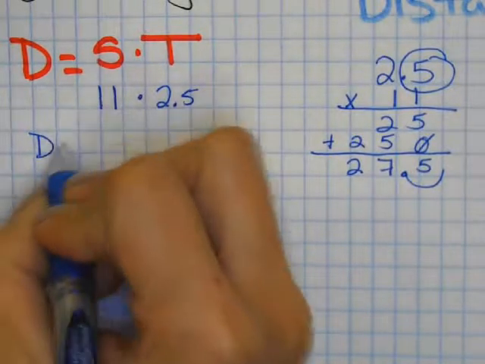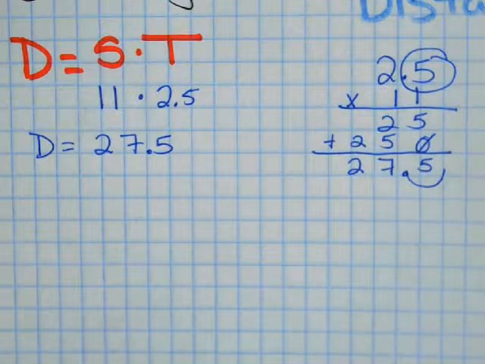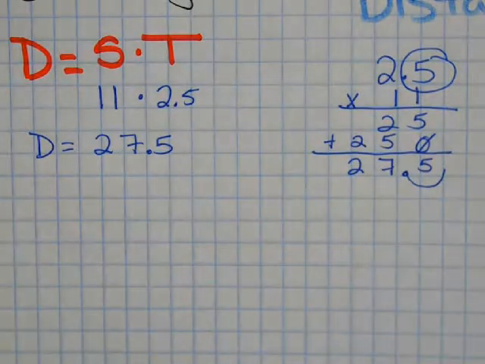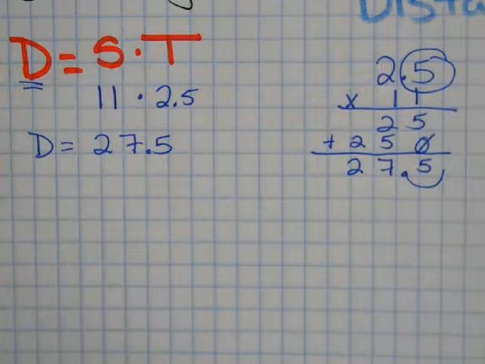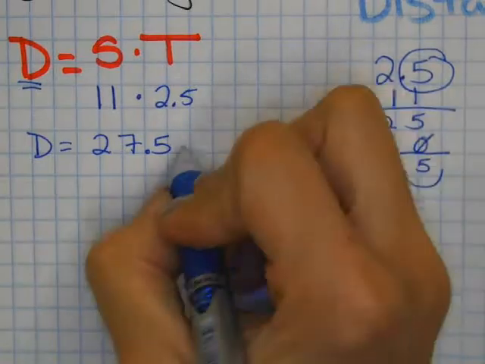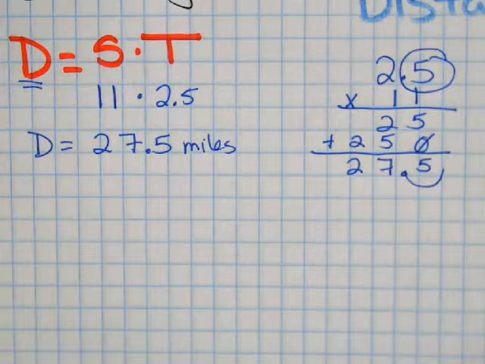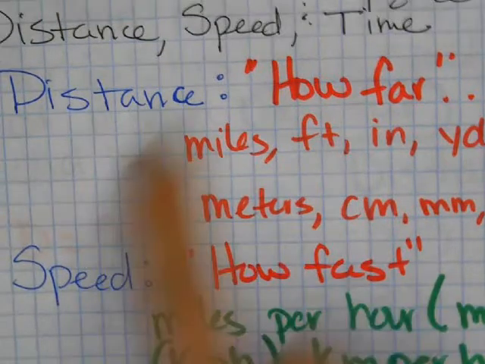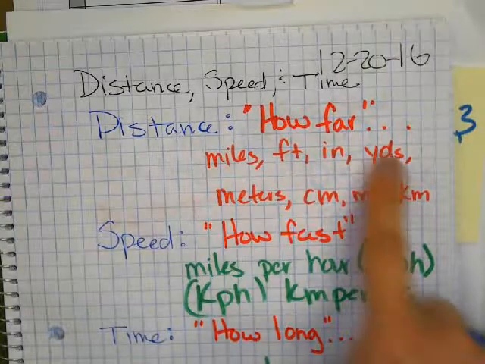So your distance is equal to 27.5 what? It's distance, so what unit am I going to use? Miles. Now, on here, when I said distance, did I write down miles per hour?